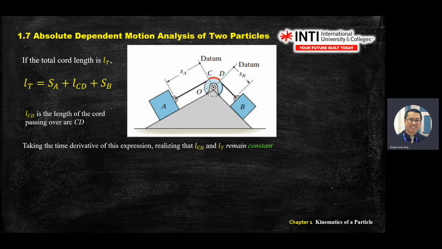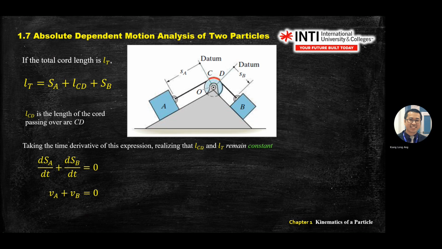Velocity of B. Okay. So you differentiate SA and SB, you get VA plus VB. Then this one is constant, so the total length doesn't change, and you get 0.